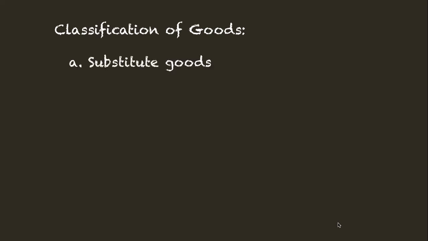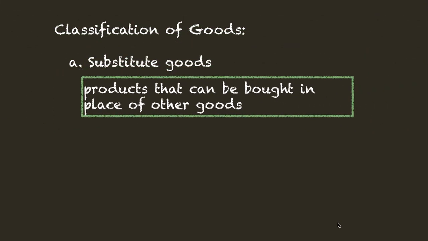A substitute good, as we all know, are goods that can be bought in place of another good. Let's say if the prices of chicken would shoot up, we normally either buy fish or pork to substitute for chicken. Or let's say the price of rice would rise. Normally, what people would do would be to buy bread or corn to substitute for rice.